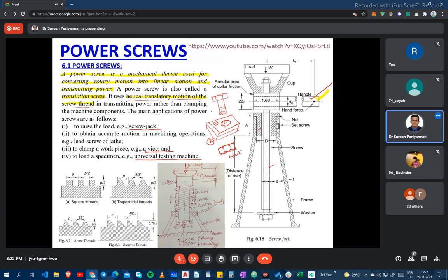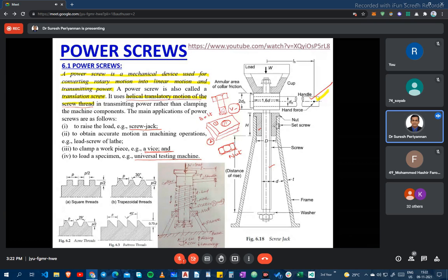Here we are using V thread. But in our case, we can't use V threads because there we need more frictional force, otherwise if we reduce the frictional force, the component is going to be loosened, right?